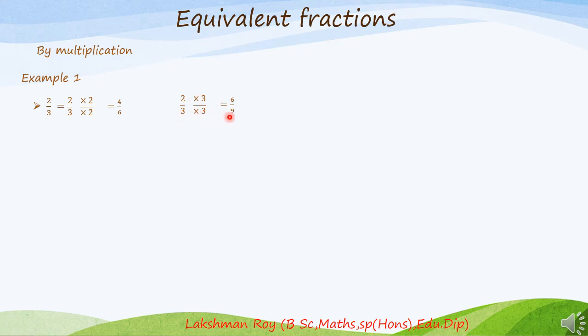I'll take another equivalent fraction to 2/3. First I multiplied by 2, then by 3, then 4, right? Multiply both numerator and denominator by 4: 2 multiplied by 4 is 8, that is the numerator, and 3 multiplied by 4 is 12, that is the denominator. So I wrote three equivalent fractions.